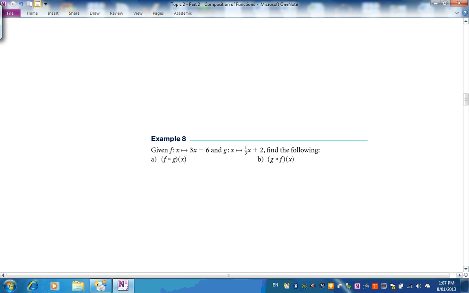This is finding expressions now, not evaluating them, but saying we want f to operate on g. So g is going to be done first, because f is waiting to operate on g's answer.